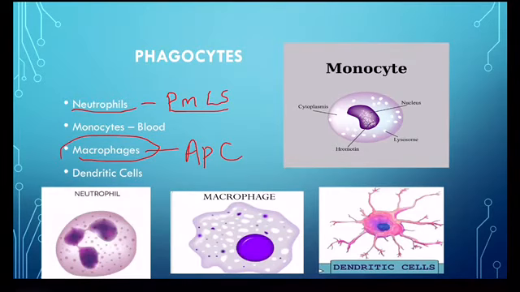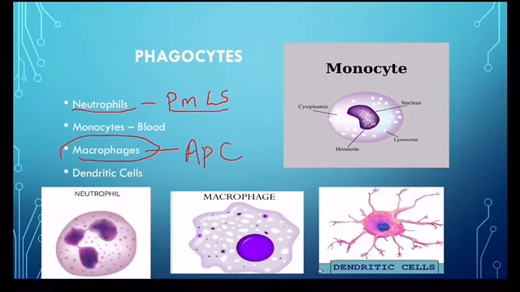The major functions of macrophages here are phagocytosis, being able to engulf foreign particles and internalize them; the second is antigen presentation; and the third is production of cytokines, particularly IL-1. So macrophages serve as the bridge between the innate and adaptive immune response.